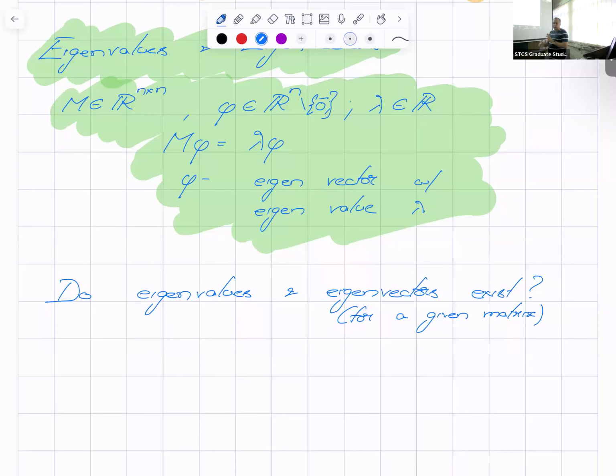The matrix has to have some nice properties for this to happen, but it so happens that all the matrices we will be dealing with, that is, matrices coming from a graph, the adjacency matrix, the Laplacian, the random walk matrix, will all have a full eigenspectrum. They will actually have n eigenvalues and corresponding n eigenvectors.